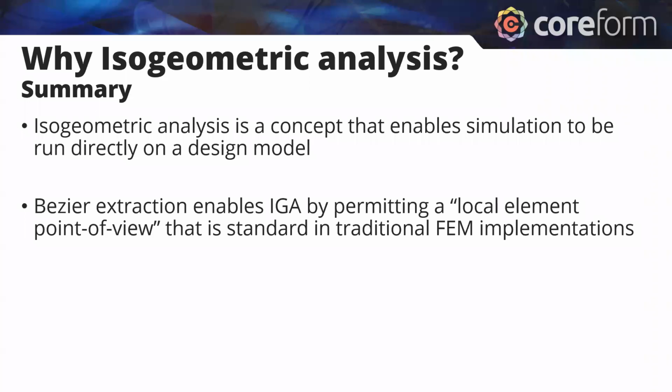That is the key to understanding what IGA is. And again, it provides that local element point of view that we use in traditional FEA codes. So for those of you who have written maybe a graduate student level code, I'd encourage you to try to add isogeometric analysis through Bezier extraction into your code.